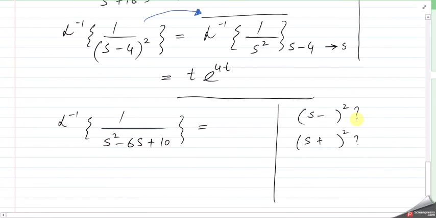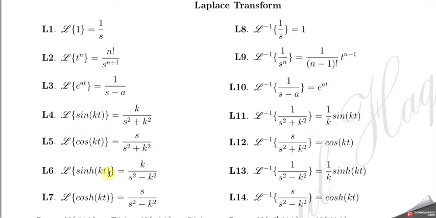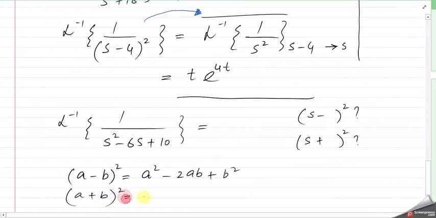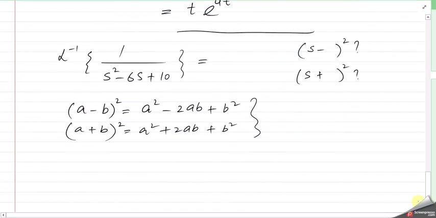For this question, we will use our formula a minus b whole square, a square minus 2ab plus b square, or a plus b whole square, a square plus 2ab plus b square. And the trick we will use is called completing the square. I'm sure you have seen this before in calculus.